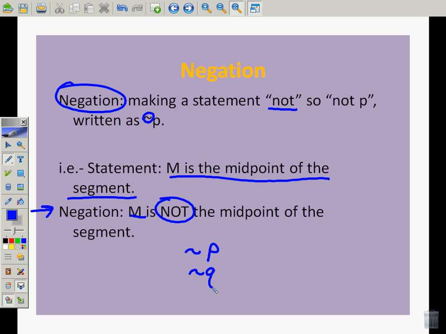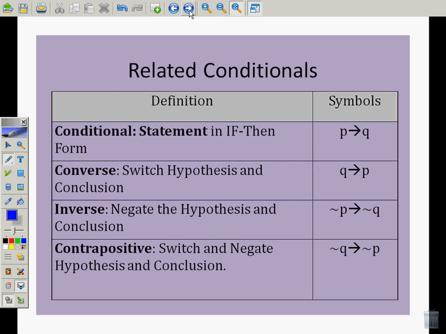Let's look at something here. You need to make sure you write this chart down in your notes, because there are 4 different types of statements that we can make. 4 things that go along with this whole concept of conditionals and how they relate to one another. The conditional statement is what we've already talked about. That's the if-then.